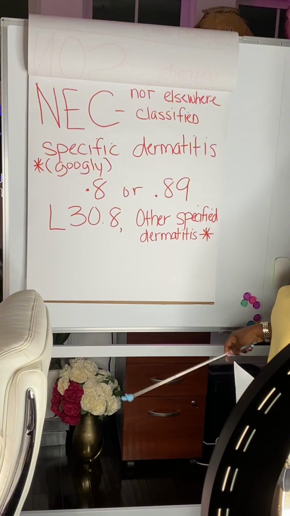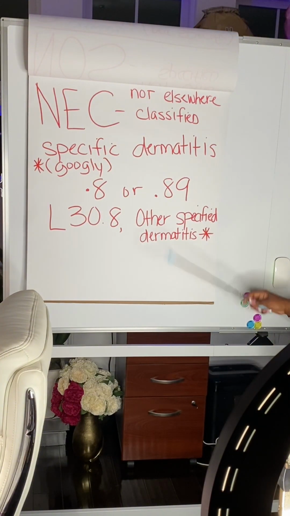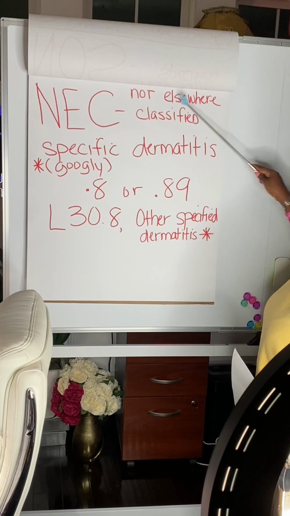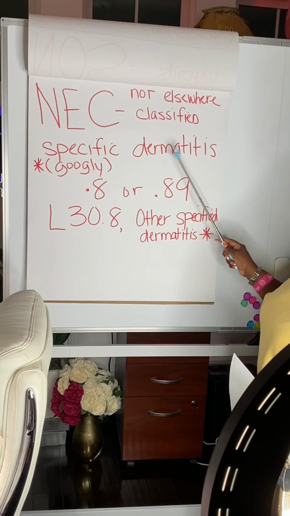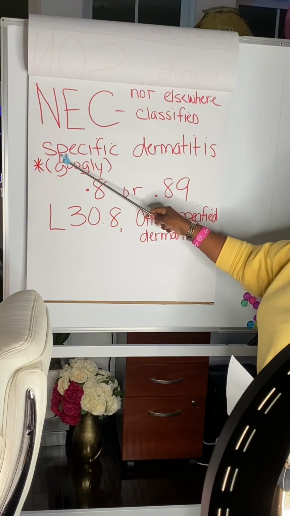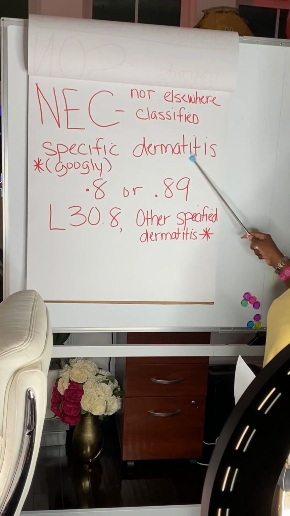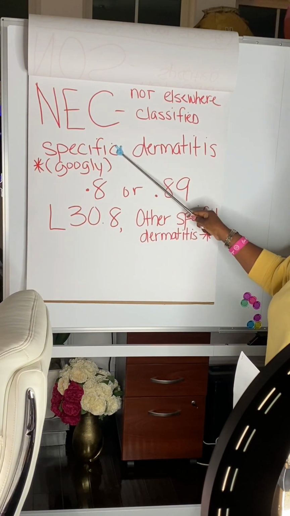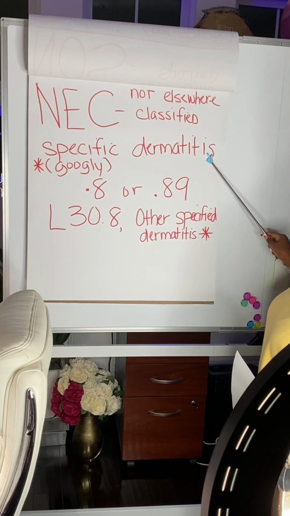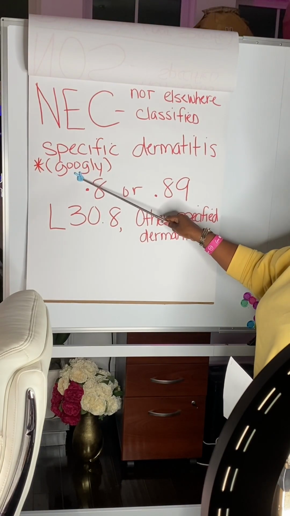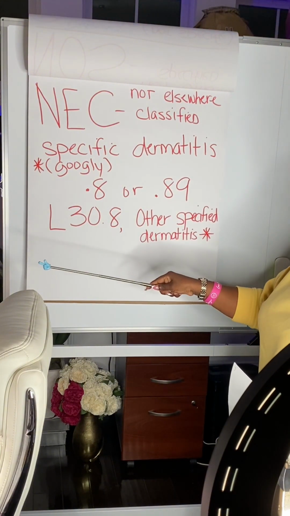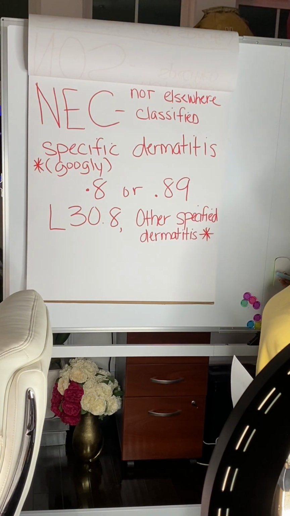NECs will end with 8 or 8-9 most of the time. NEC, not elsewhere classified. The example was googly dermatitis. The physician documented a specific condition, a specific main term, a specific diagnosis. The diagnosis was googly dermatitis. When we index that, there's no googly there.